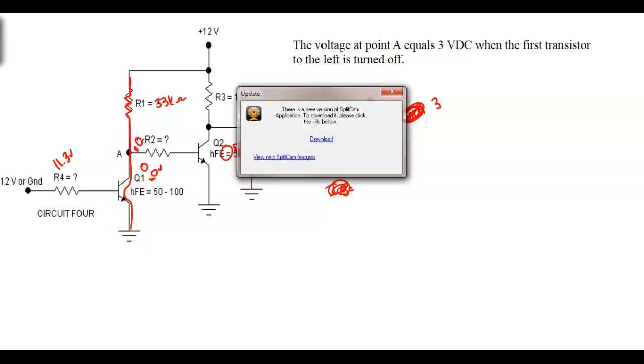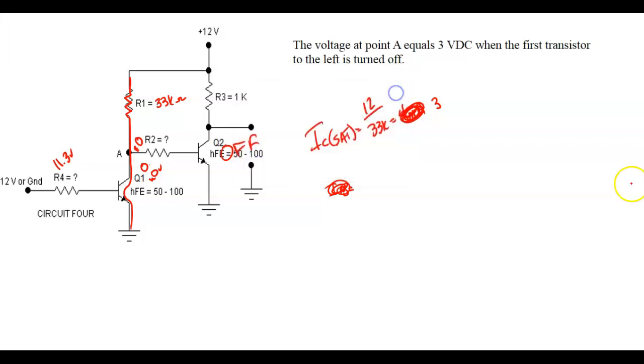It's never going to be exactly 0, guys, but it's going to be close to it. That's why when we teach saturation, we teach less than a volt. If the collector-to-emitter voltage is less than a volt, we assume the transistor is saturated. If it's equal to VCC, we assume it's cut off. If it's between the two, we consider it to be in what we call the linear region, or the active region.